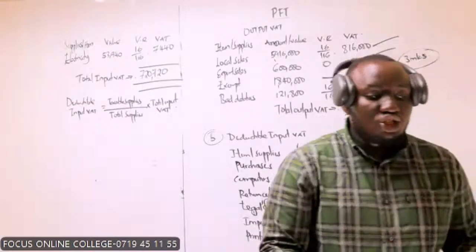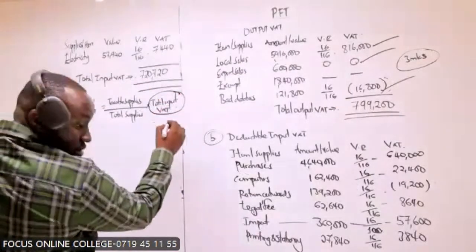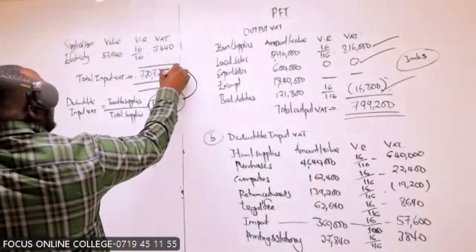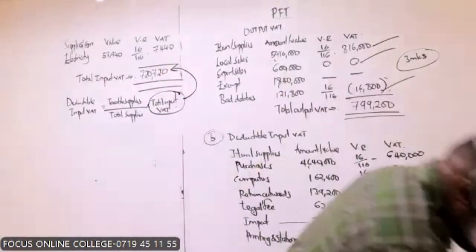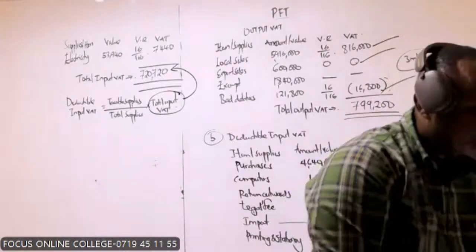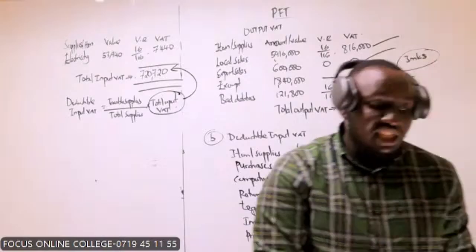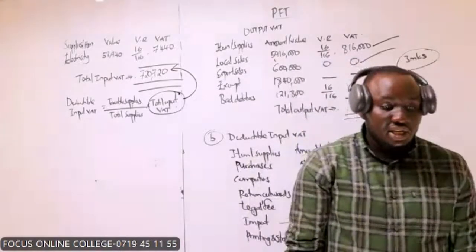So I already have this. Look up. I already have the total input VAT. See, hapo tuko sawa. Total input VAT is there. Tafadhali nipatie yes. Is it there?